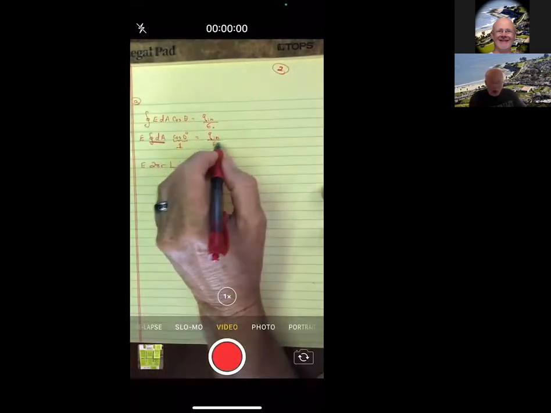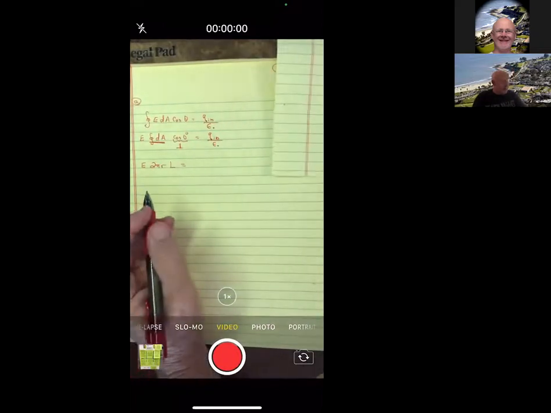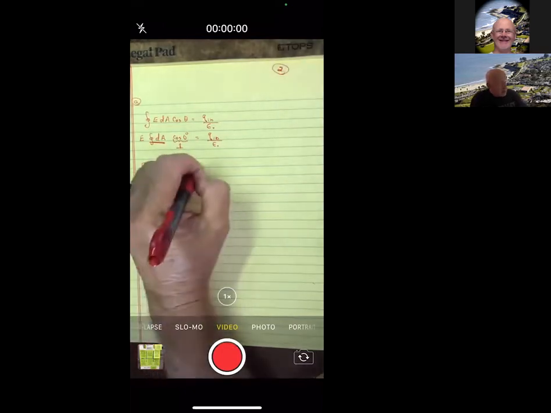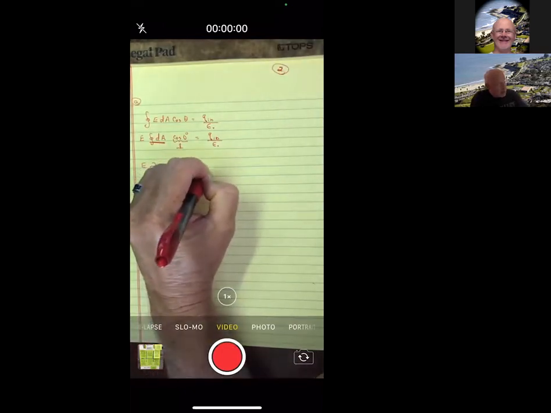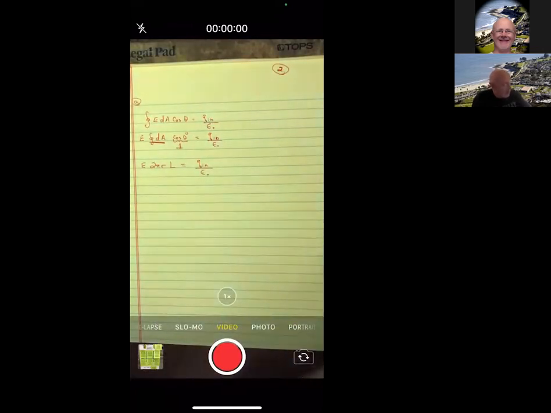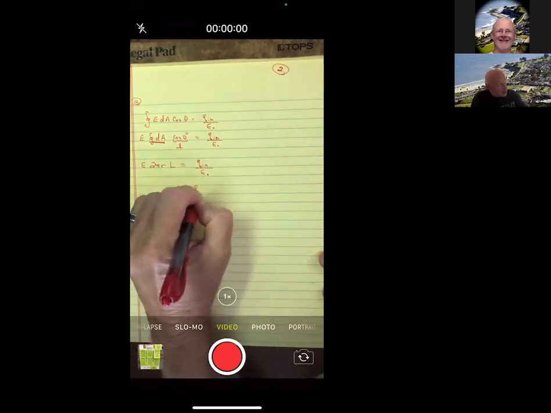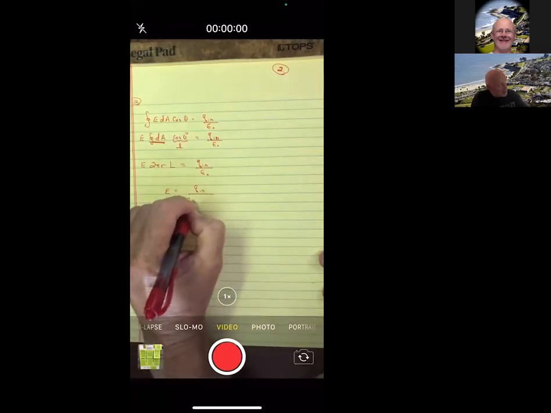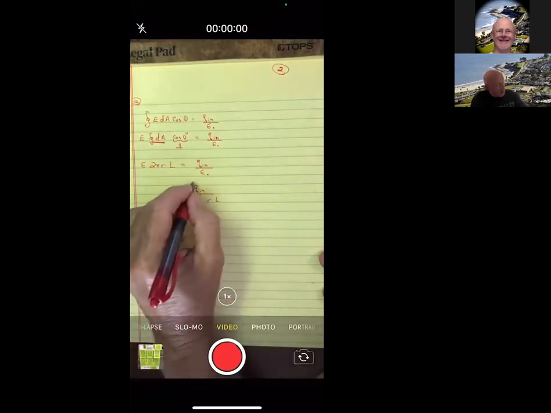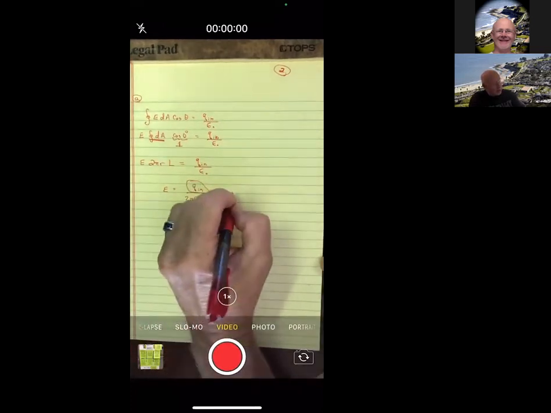And then the charge inside would be this Q inside divided by epsilon naught, which means the electric field would be the charge inside over 2 pi epsilon naught R L. And this right here is the charge per length.